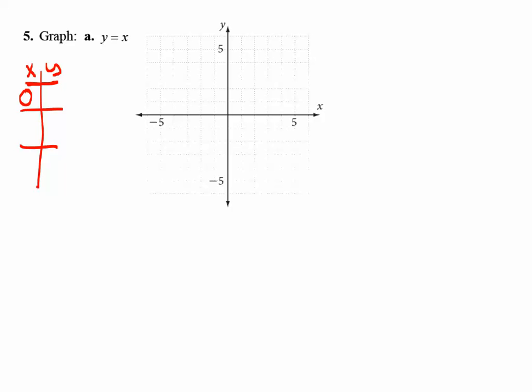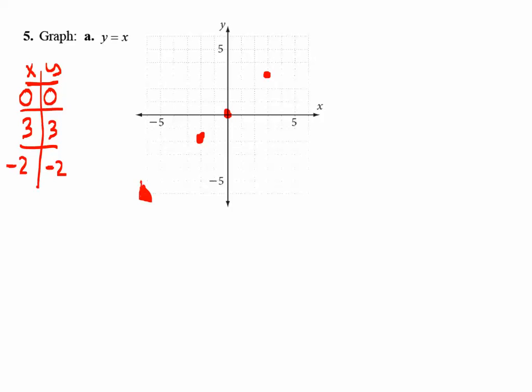Alright, so if you plug in a 0 in for the x, 0 is the y value. Alright, and later on we call this an identity equation. Alright, if a 3 goes in for the x, there's a 3 for the y. Again, choosing numbers you like. Negative 2 for me. But as we graph it, 0, 0, 3, 3, negative 2, negative 2.